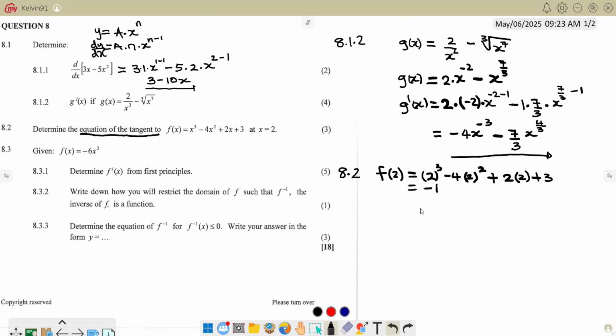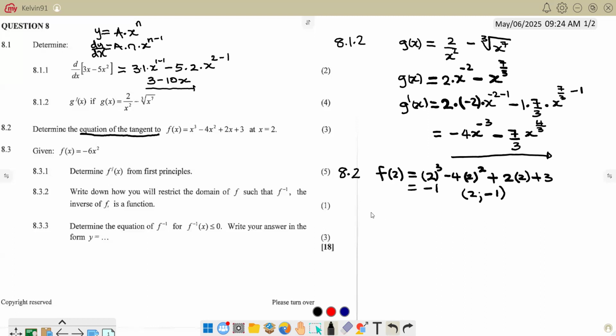So the tangent is going to be passing through the point (2, -1), with 2 as our x coordinate given, then -1 is the corresponding y coordinate. We also, as we said, need the gradient. So to get the gradient, we have to differentiate this function.